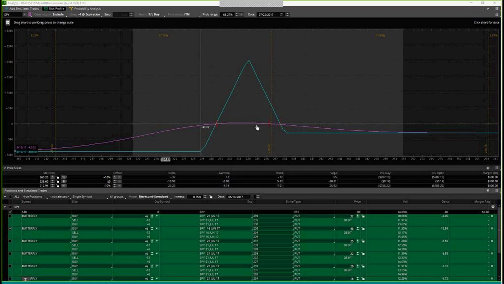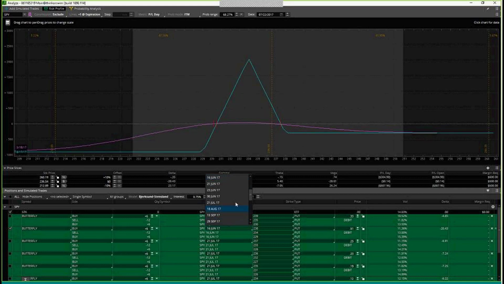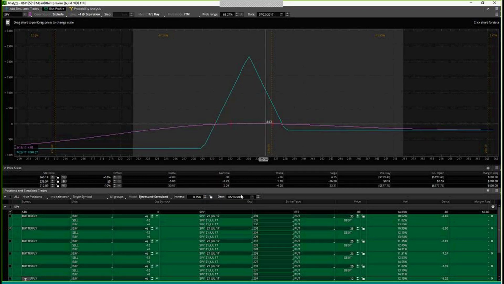You can see here with a month left to go, notice how much more curved this T plus zero line is versus the July. If I go back to July, you see the July is much flatter and June is more curved, more rounded. I have to do this because it's too slow.